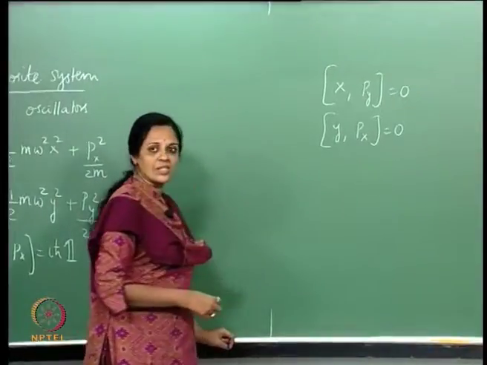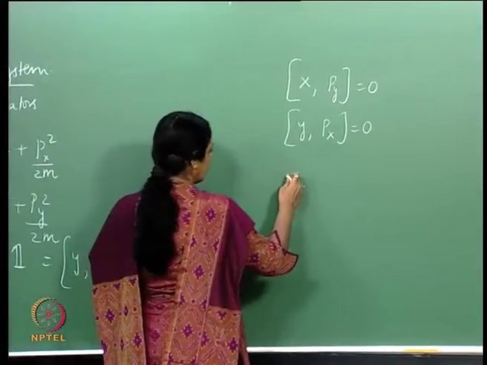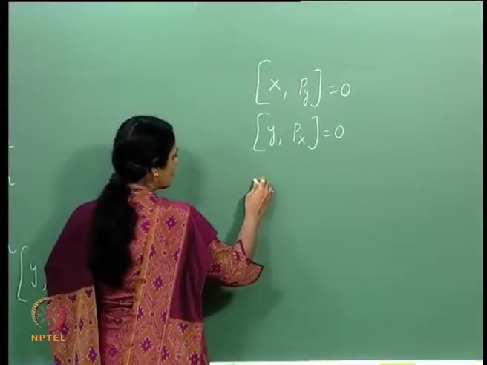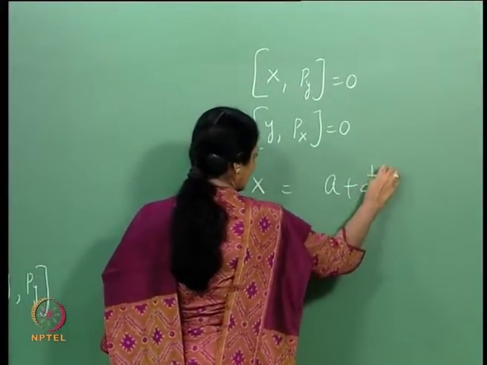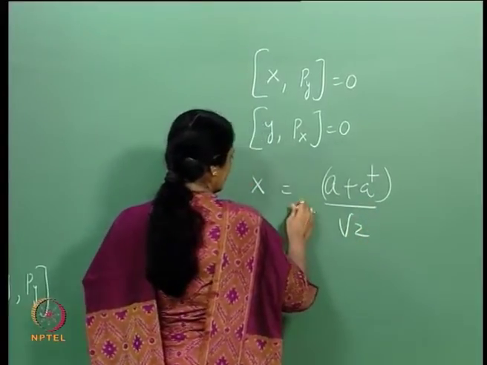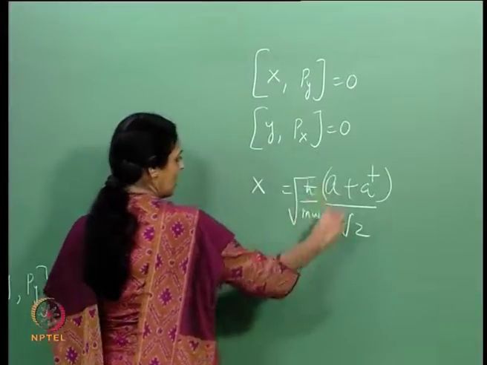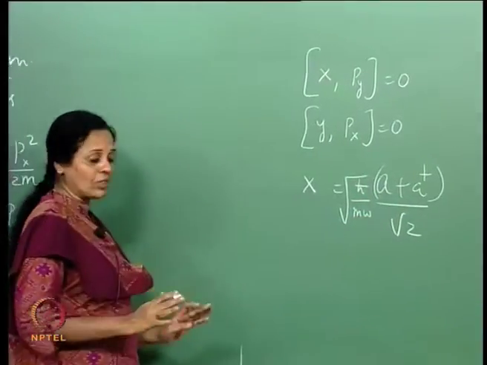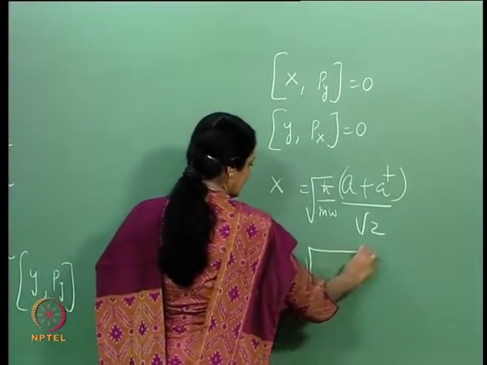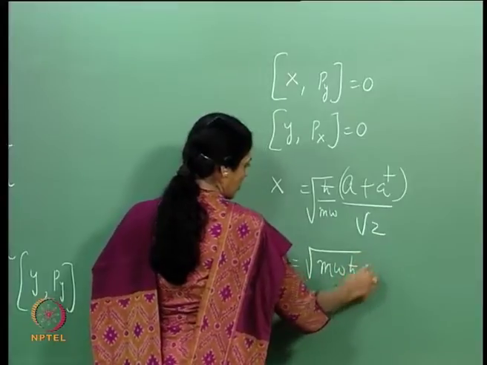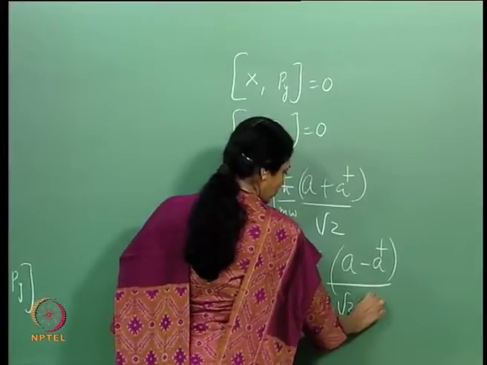I could write this in terms of the raising and lowering operators. You will recall that we defined x as root of h cross by m omega multiplying a plus a dagger by root 2, taking care of the right dimensions, and p sub x is simply root of m omega h cross times a minus a dagger by root 2 i.